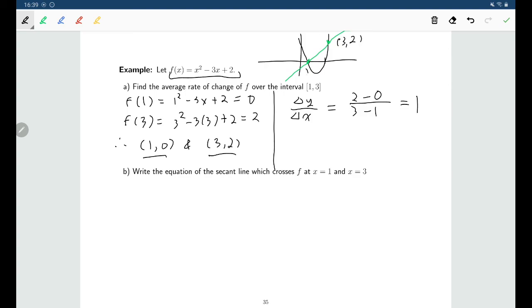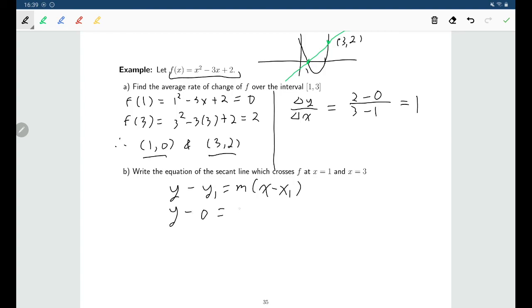And we know what the slope of the line is. This line has a slope of 1. So I'm just going to use my slope point form. Y minus the y coordinate equals slope times x minus the x coordinate. And I'll use that first point 1, 0.